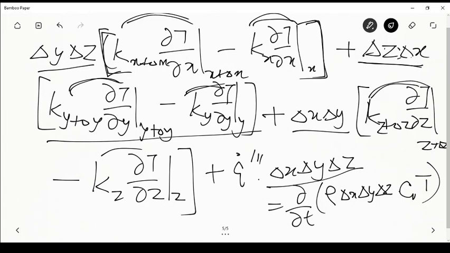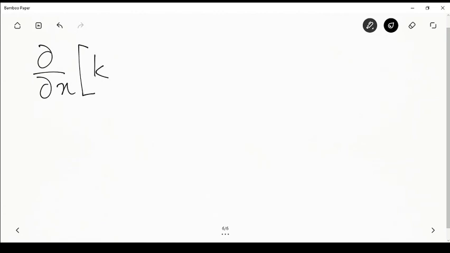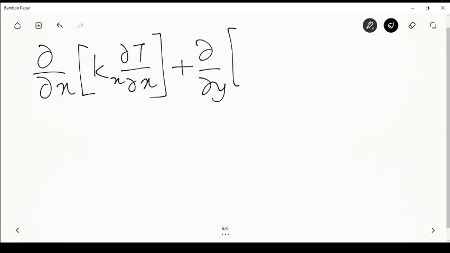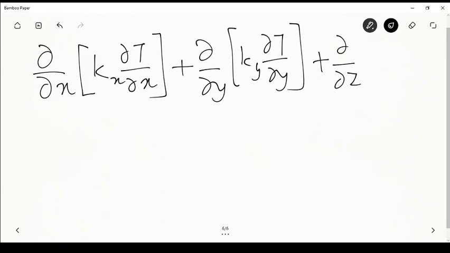So when I divide this whole equation by delta x, delta y, delta z and take limits as delta x, delta y and delta z tend to 0, I get a differential form of this equation, which will say del by del x of kx del T by del x, plus del by del y of ky del T by del y plus del by del z of kz del T by del z.